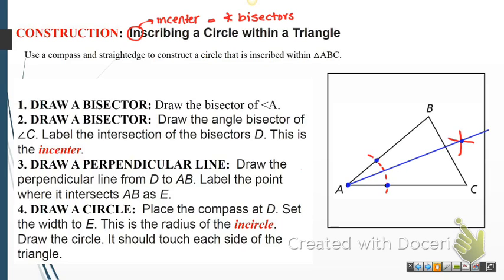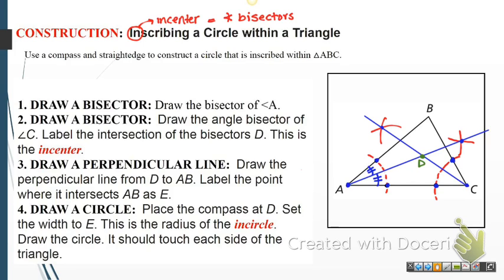Now we need to repeat this process and find the angle bisector of angle C. So again, arc through C. Place your compass at the places where the arc intersects the angle. Arc out. When you find that intersection point, connect it back to C. So there is the intersection of your two angle bisectors.